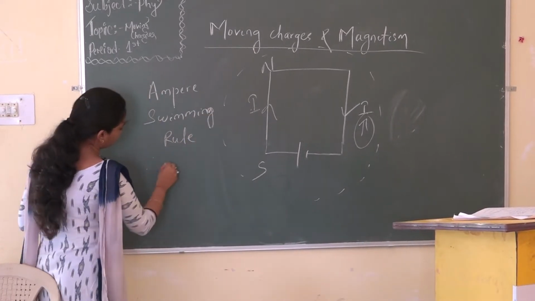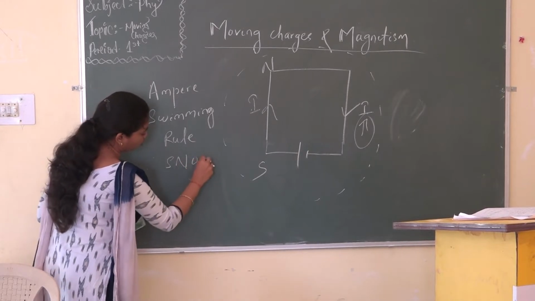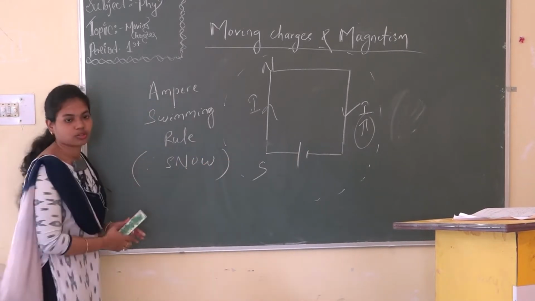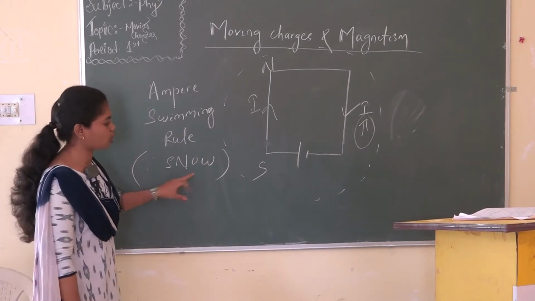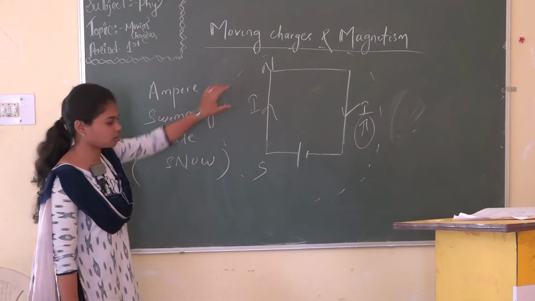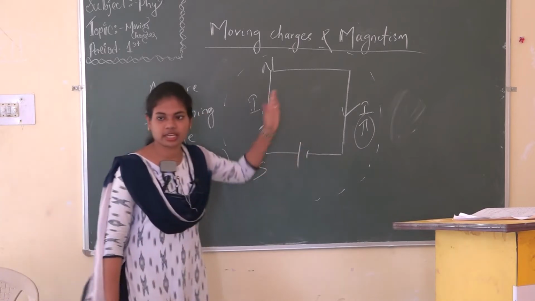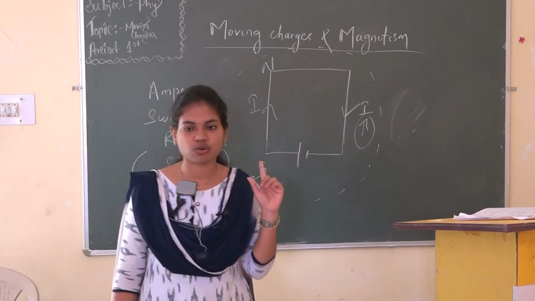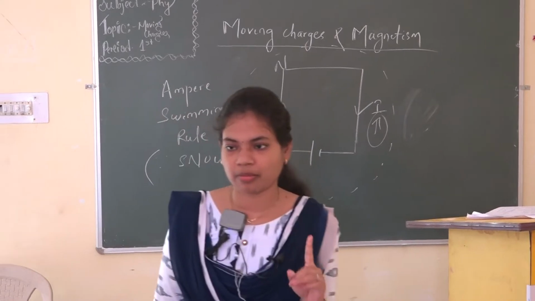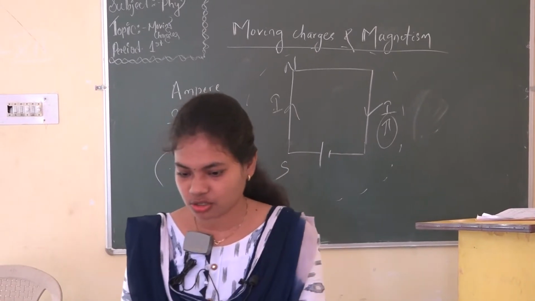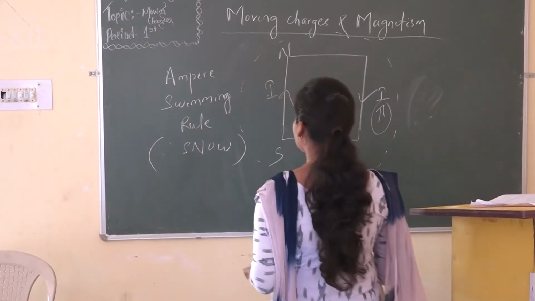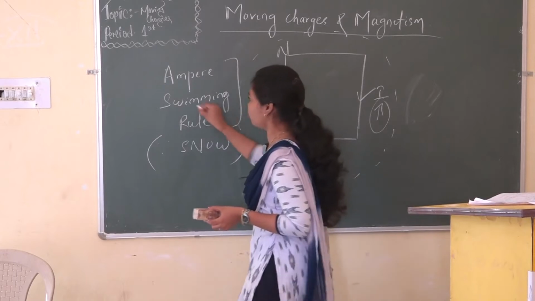You have to remember the rule, that is SNOW. When we flow the current from south to north, it deflects towards the west. That is the rule SNOW. Okay, that is the Ampere swimming rule.